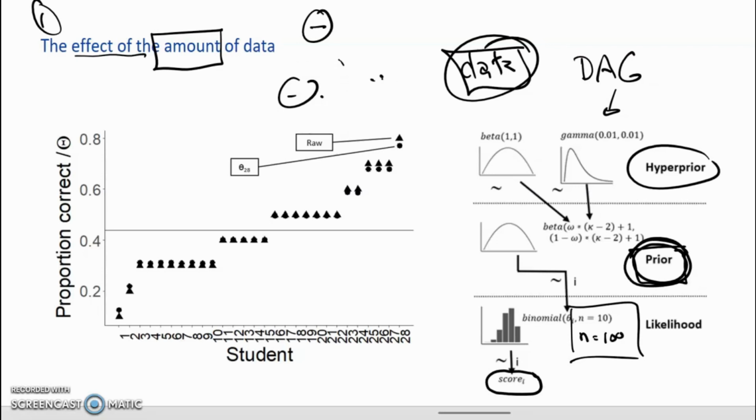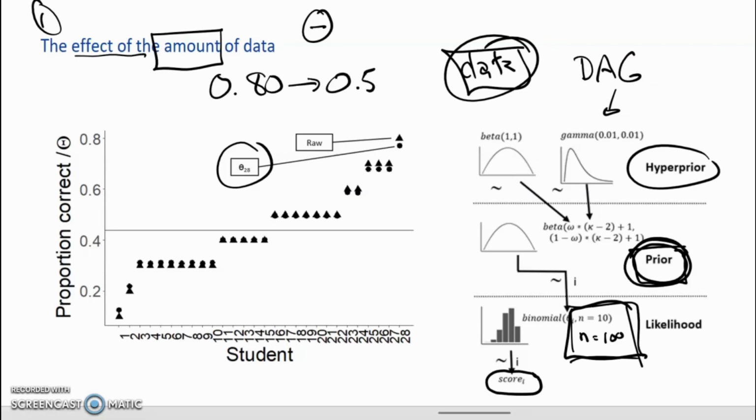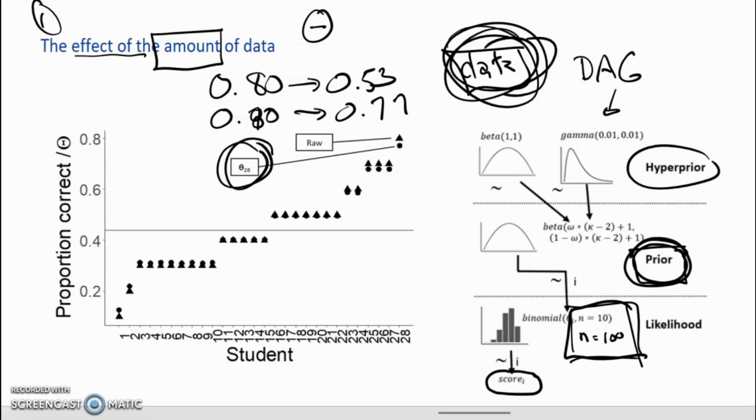So you can see that here, the effect of changing n equal to 10 to n equal to 100 questions is that previously this student 28 went from a raw score of 0.80 to 0.53. Now that we've got more data for that student, the balance is going to swing towards the data for that student. There's going to be less shrinkage, and it's going to go from 0.80 to 0.77 for our estimate of theta.